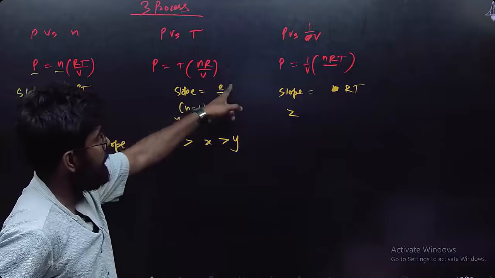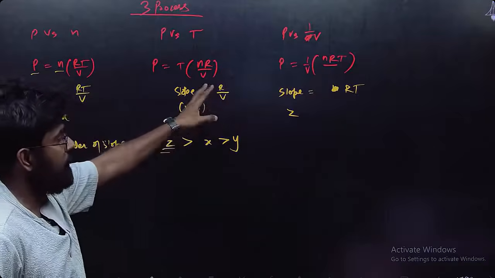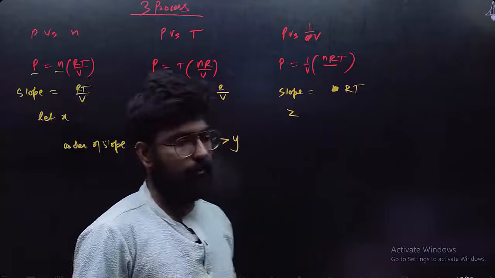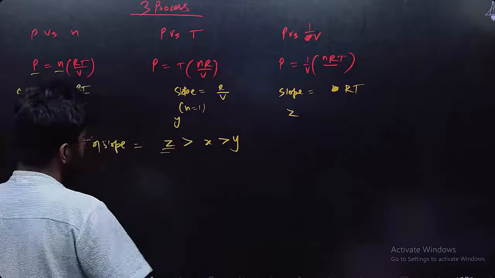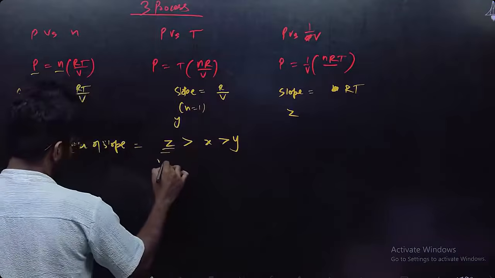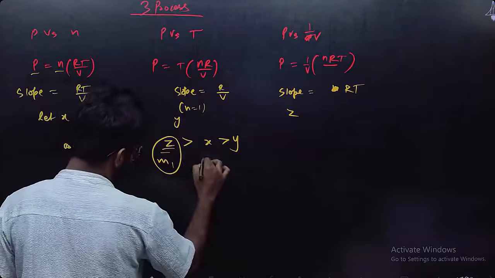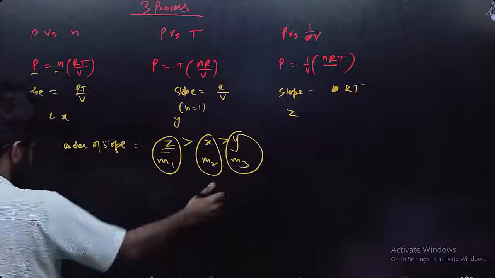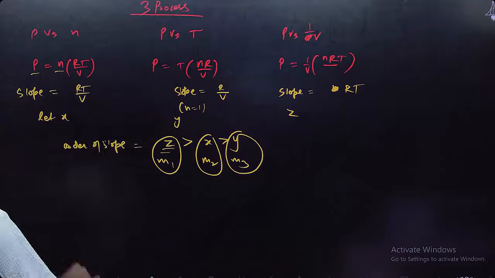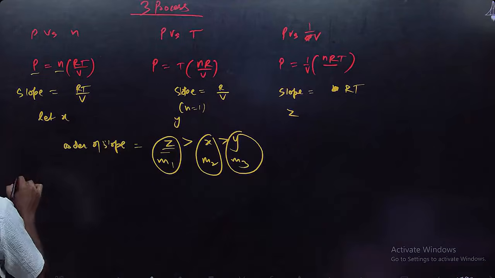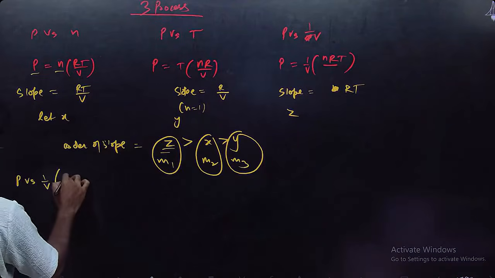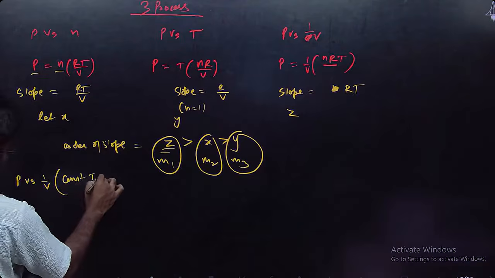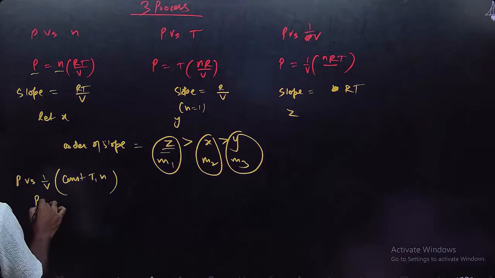Here nothing is multiplied, but there is one thing that is dividing. So obviously the smallest is R by V. So this is m1, this is m2, and this is m3, because the order was m1, m2, m3. So Z means P versus 1 upon V, constant T and n, is process first.